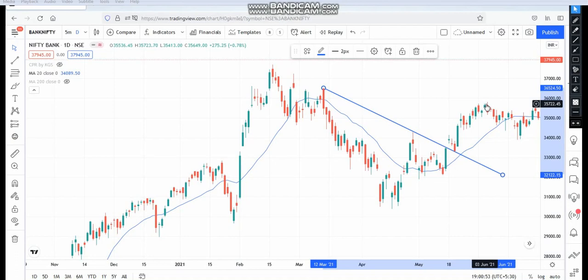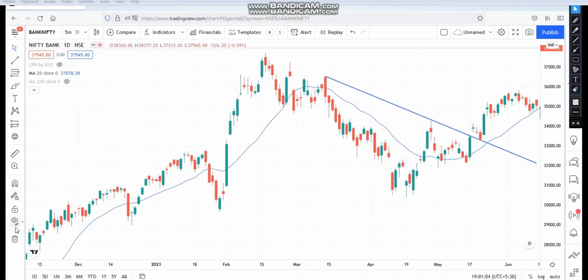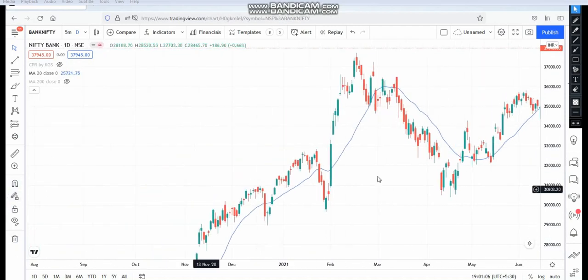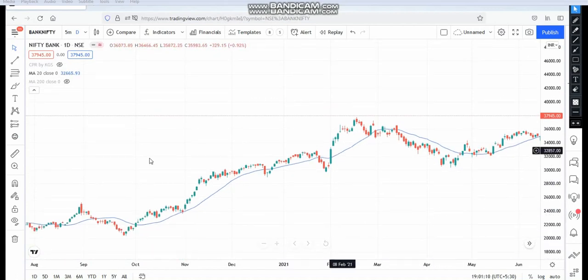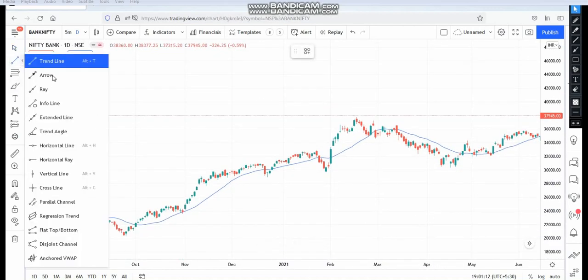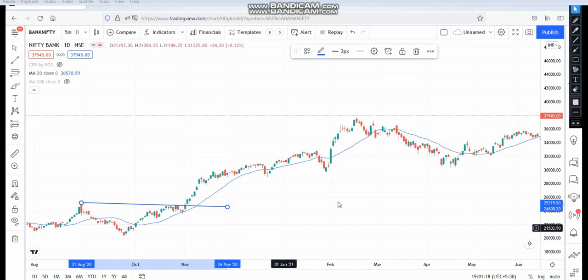It is an upward movement. So here also you can see, this is a way of drawing a trend line. There is a breakout of the trend line here. From here the market has gone up.